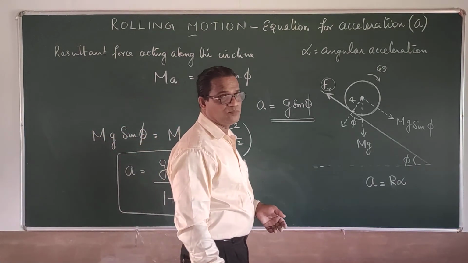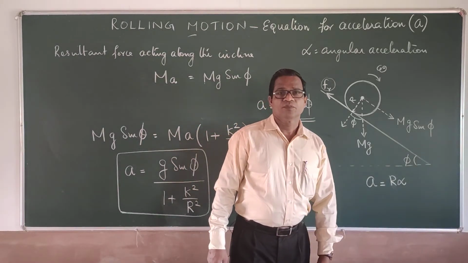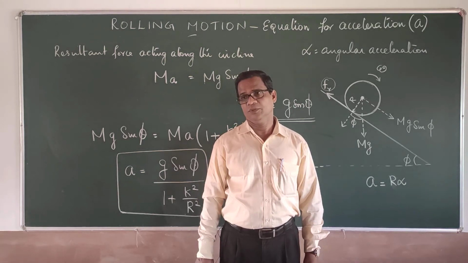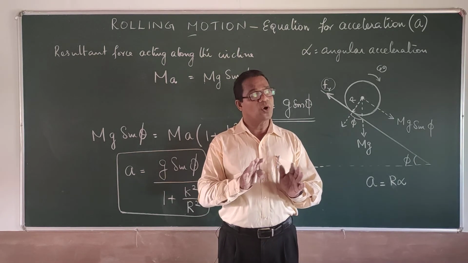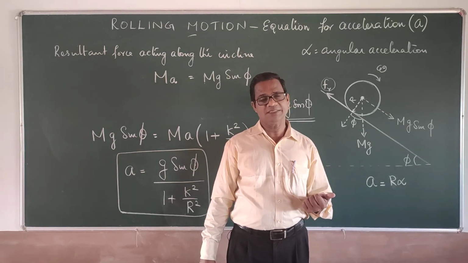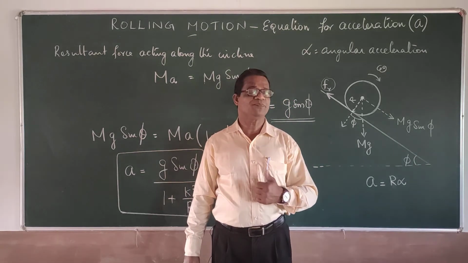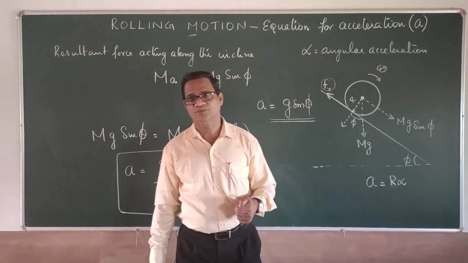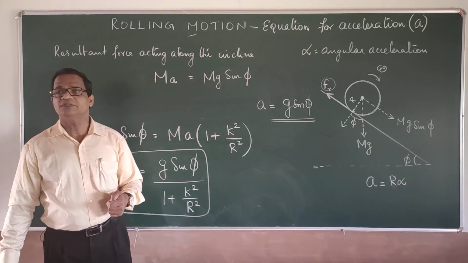The same thing again, proven. So these are the very important facts relating to rolling motion, a combined motion, that is rotation plus translation, and this part will be asked in entrance exams. So be very thorough with these things.